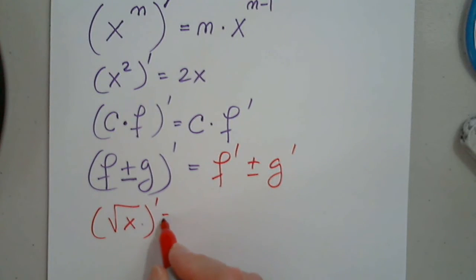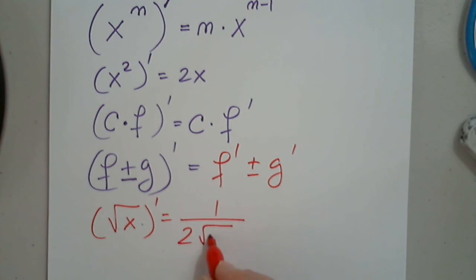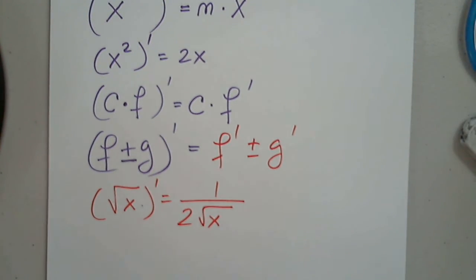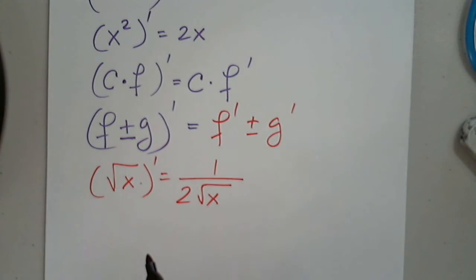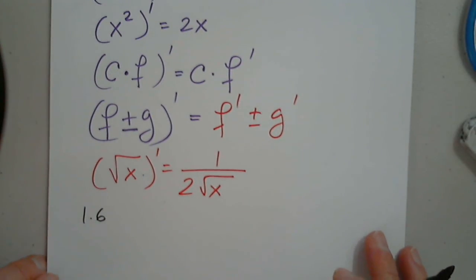Please remember it forever, please. The derivative is 1 over 2 square root of x. And I'm going to add here, although we may not be able to do a lot with them today, they are in the next section, 1.6. So we have them here, and then we'll practice as much as you want.